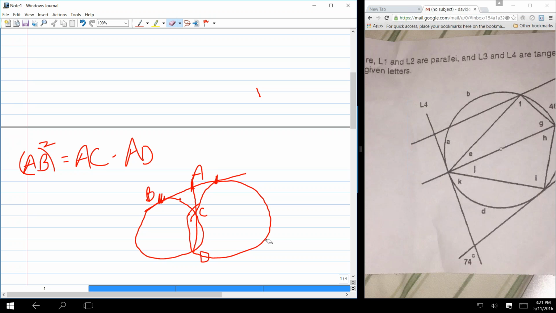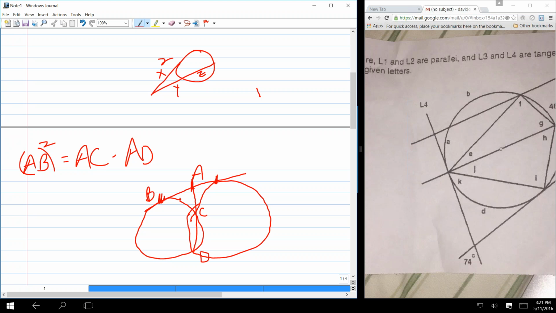So if I didn't have this circle here, I would have this theorem. That's theorem 10.17. In other words, whenever you have a circle and you have a tangent line and a secant line, then x squared equals y times y plus z. That's theorem 10.17.